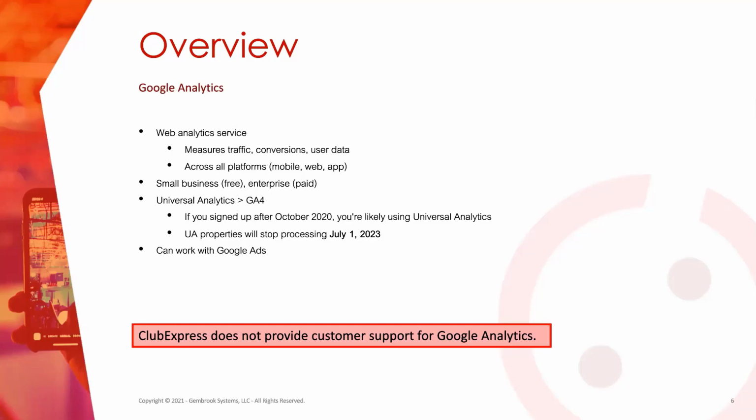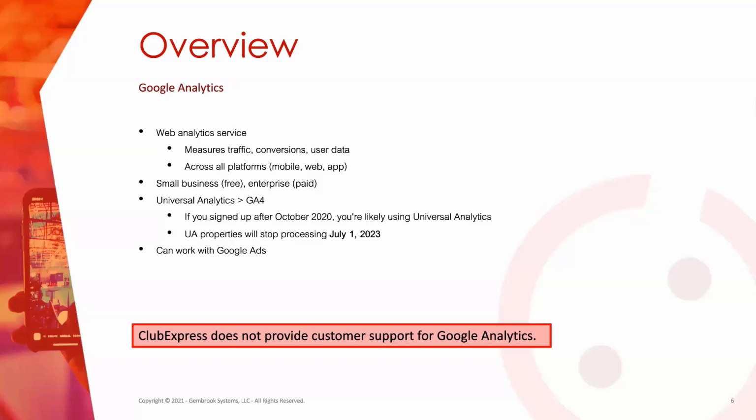Now, the reason that we're doing this webinar now is that next year, Google is officially deprecating the legacy version of Google Analytics, which is called Universal Analytics. And if you've already been using Google Analytics, you're probably at least somewhat familiar with Universal Analytics.